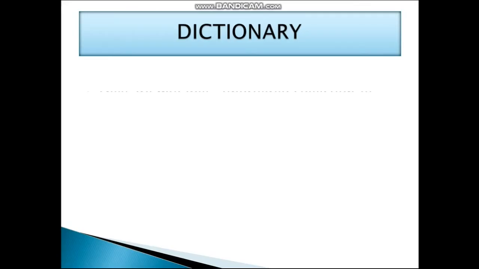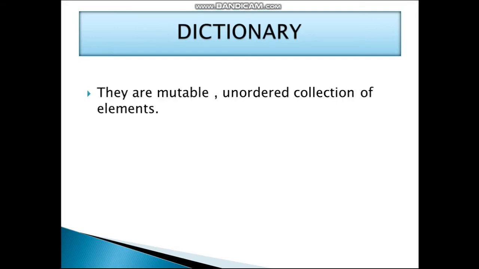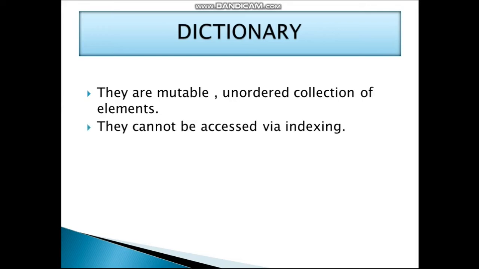Now let's talk about the last part of our data types, which is dictionary. Dictionaries are mutable, which means that the values present in the dictionary can be changed, appended or accessed, and they are an unordered collection of elements, which means the same as how we discussed for the set in the previous chapter, and they cannot be accessed via indexing.